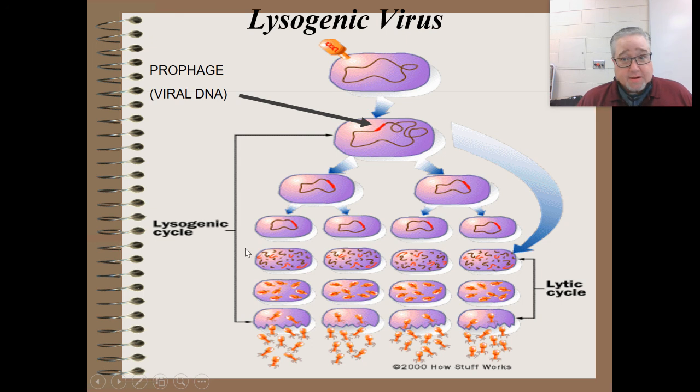But then all of a sudden, you notice right down here with this step going forward, this is where the lytic cycle takes over. So this is where all your viruses are assembled and eventually they all break out at once. So instead of breaking out of one cell, they're breaking out of multiple cells that were all formed by this original infection.